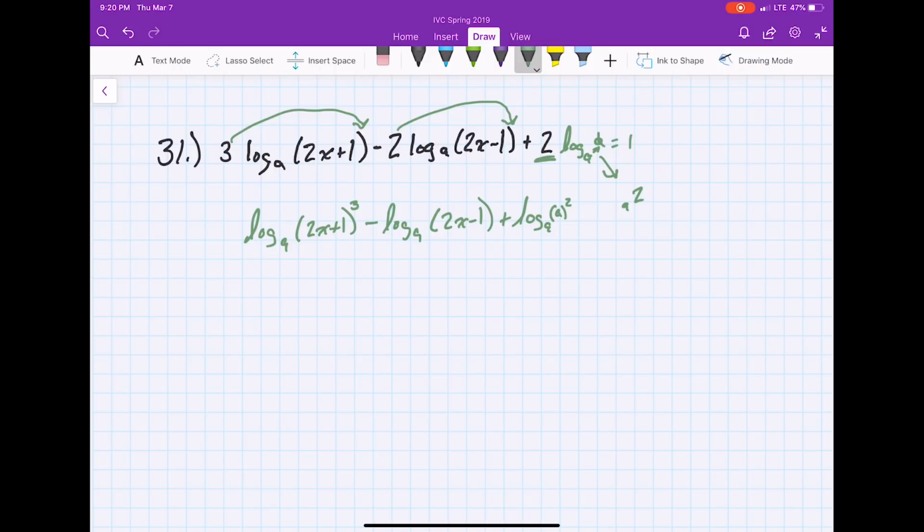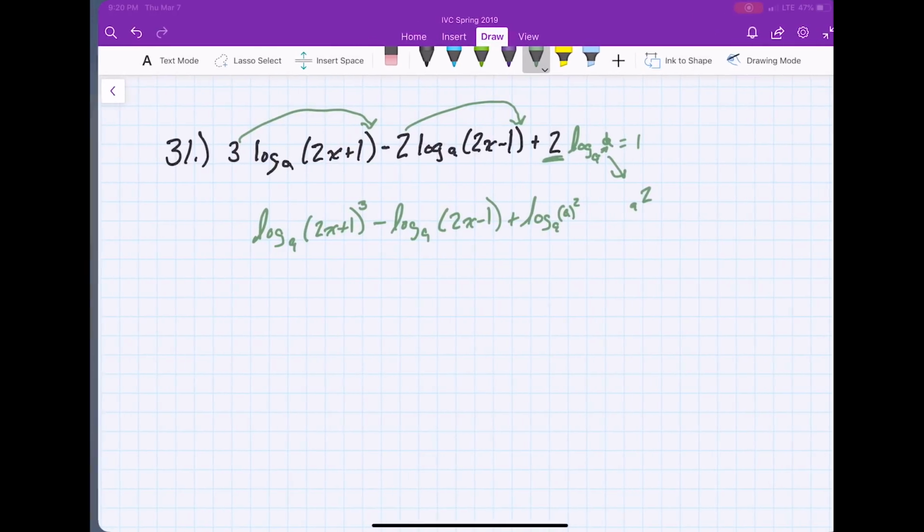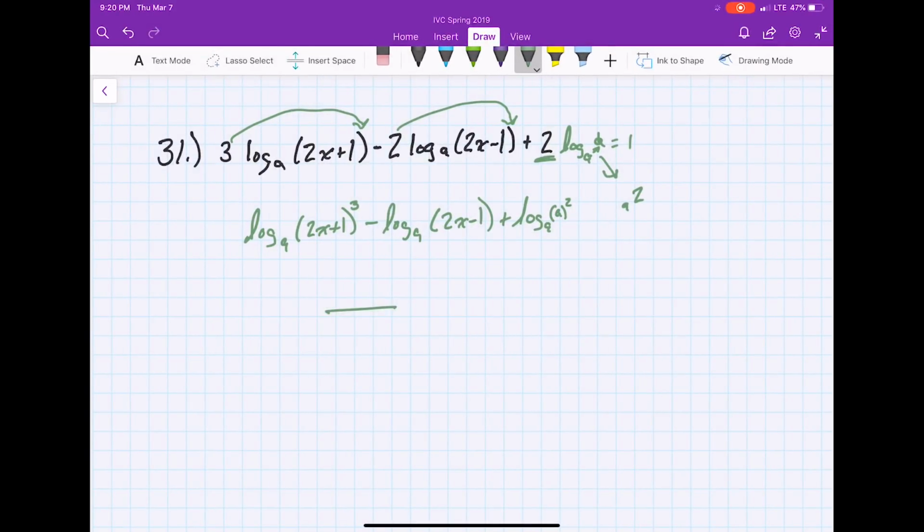There you go. Now, since we have a negative and positive, we're going to have a fraction bar. So remember, the things that are negative are going to go on the bottom. Positives are going to go on the top. So we've got the quantity 2x plus 1 cubed times the a squared, and then we have minus this log, so this is going to be the 2x minus 1 squared.